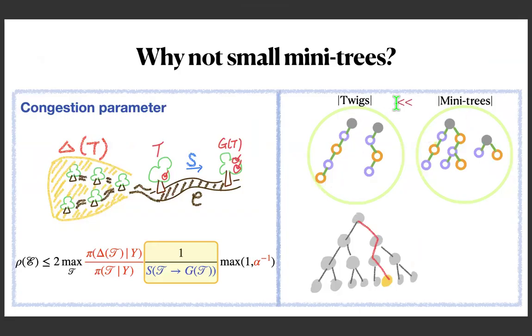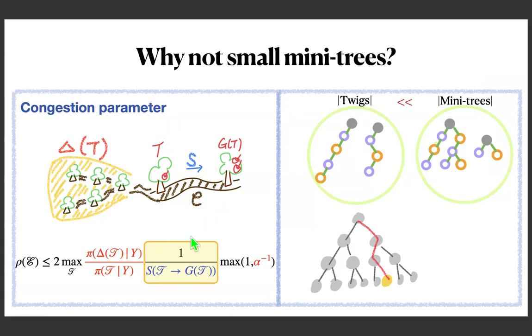Now, before we move to the informed version, I want to explain why we chose to use this twig movement instead of a more general movement. Because if making the movement more general is better, then a way more general method would be just allowing us to add or cut any general shape of trees. But the reason why we chose twig was to control the congestion parameter.